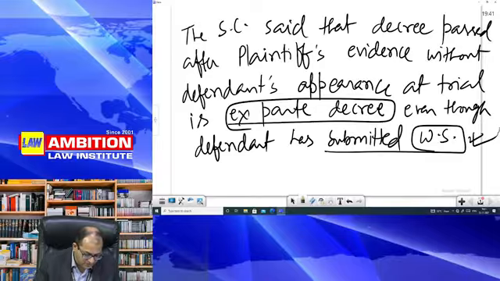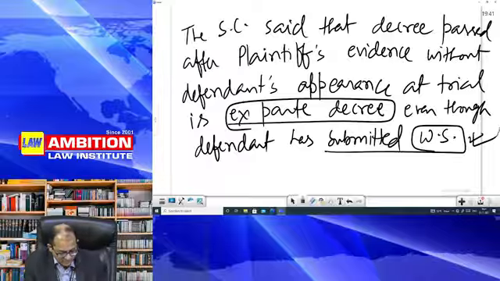Order 10 doesn't have much, Order 11 doesn't have much. But these are relevant for preliminary, maybe a question is asked here and there, so you have to be careful. We'll be reading this. Order 11 is discovery and inspection.